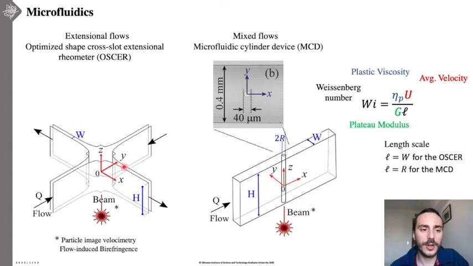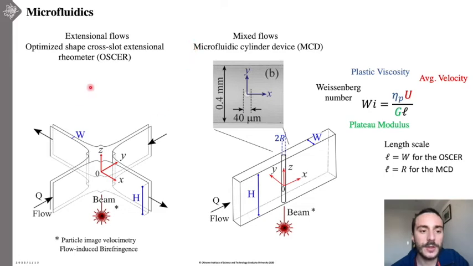This geometry is an evolution of the simple cross-slot, but is optimized at the edges with these hyperbolic corners in such a way that for a Newtonian fluid it predicts a pure extensional flow in a large area around the stagnation point, that is the center of the geometry, where the velocity is zero.